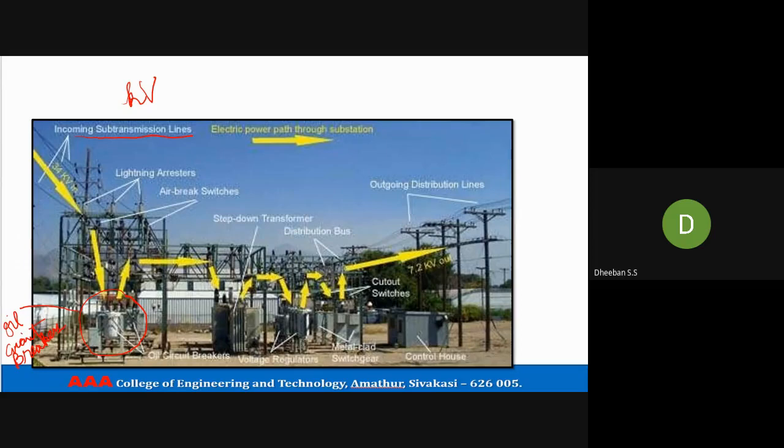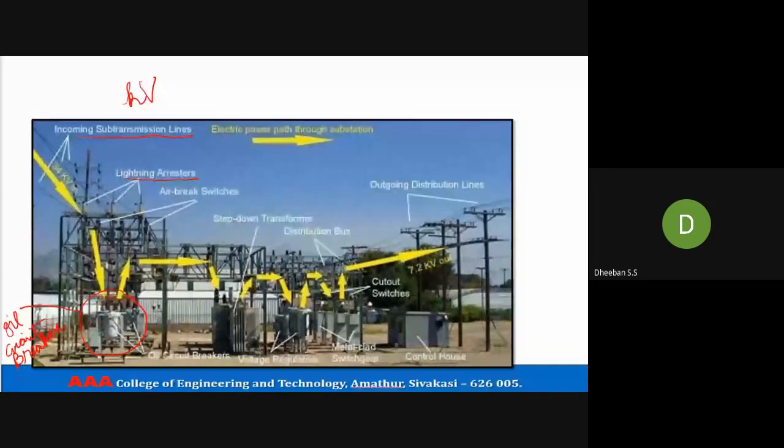If any kind of fault occurs in the transmission line, this entire system can be isolated through this circuit breaker. Hence, the system can be made safe. This is a protection device, and this lightning arrestor is also a protection device. So first, it will be given directly to the protection device.